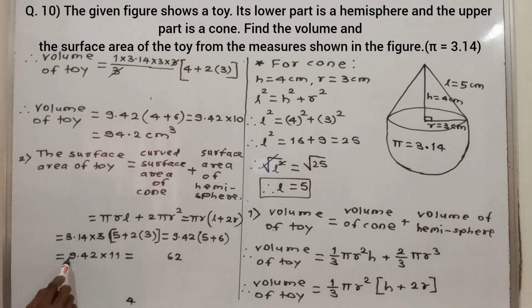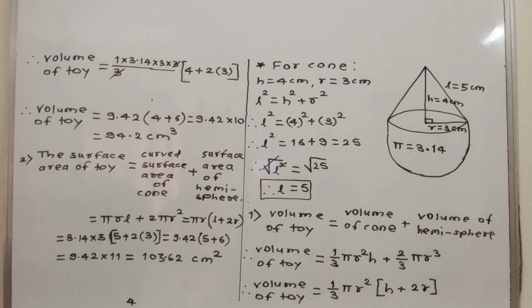Okay, 11 nines are 99, 99 and 4, 103. How many decimal places? 2. Did you get it? This is surface area, so we write centimeter square. This is your answer.